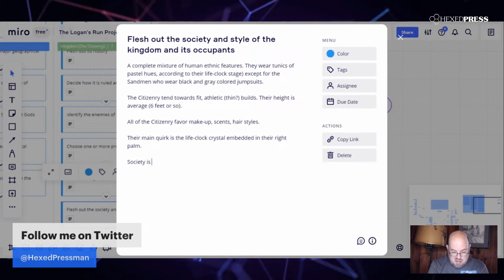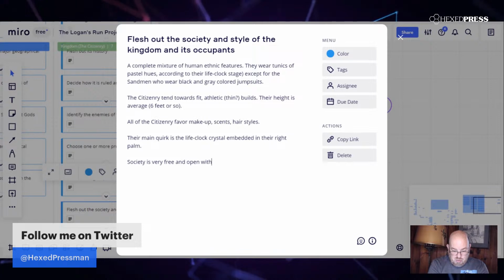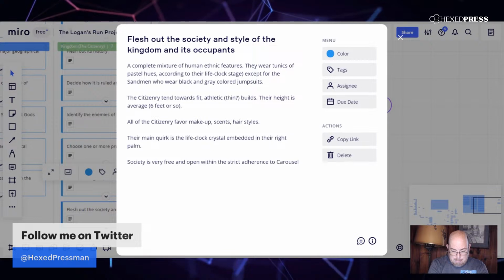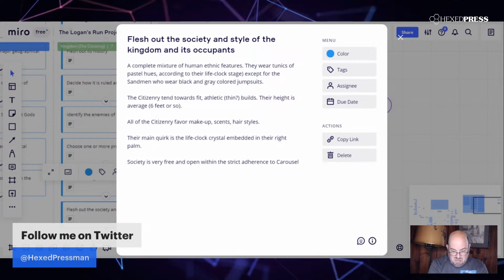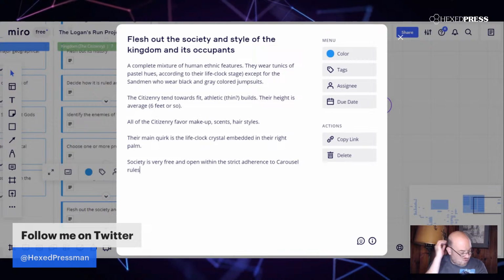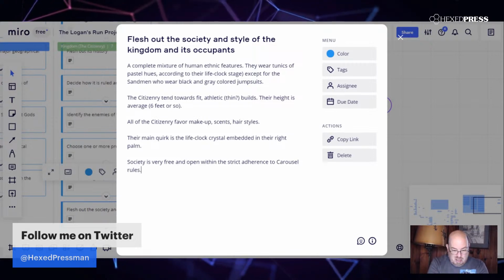It is very free and open within the strict adherence to Carousel rules, I guess, just for lack of a better word.